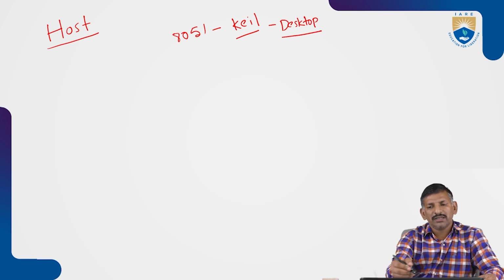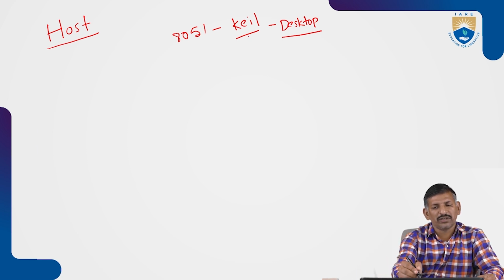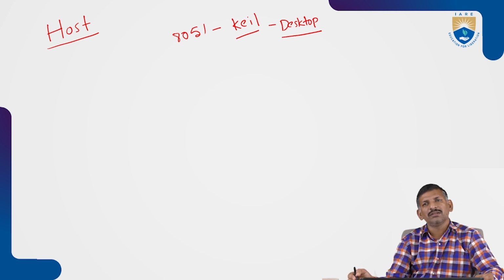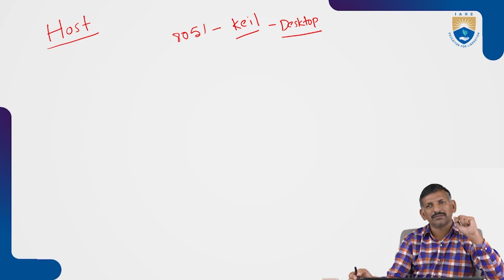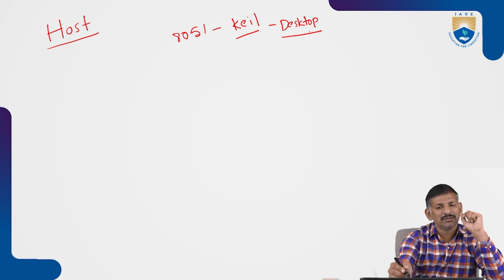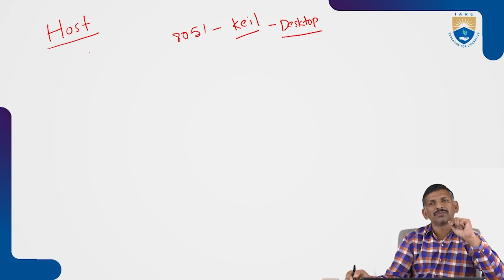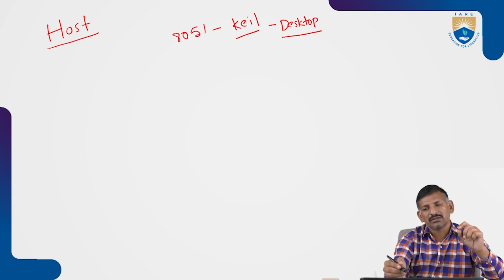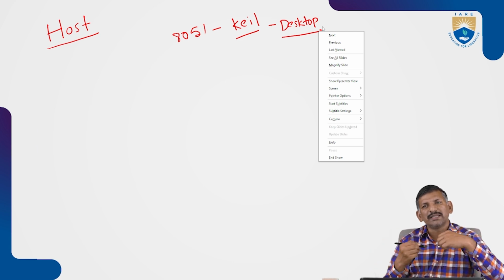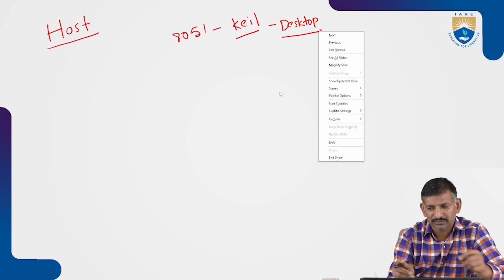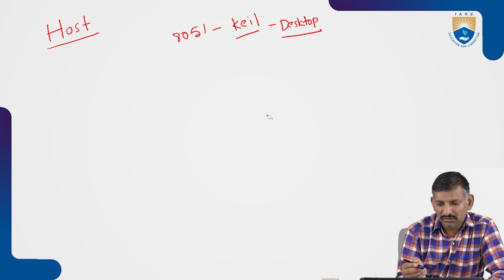Then it generates the hex file from this software tool. That hex file is loaded into the physical hardware to do the desired operations. So here the desktop is the host machine. Host machine means the system on which I can design my desired requirements. Example, desktop computer.